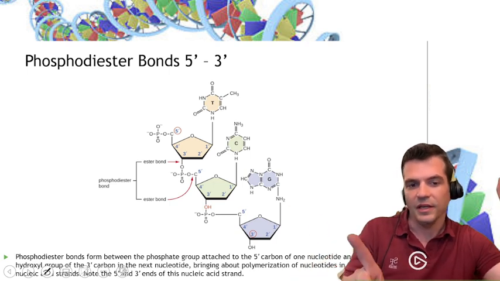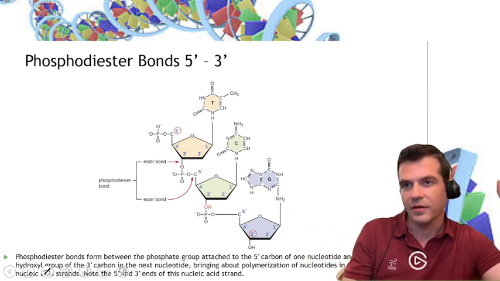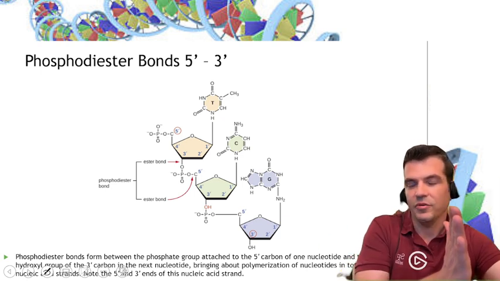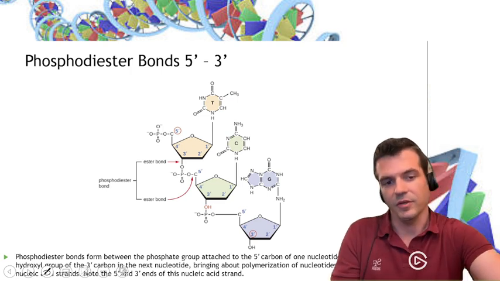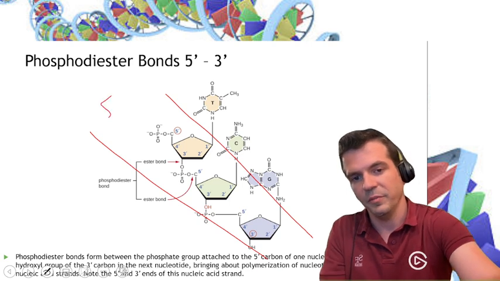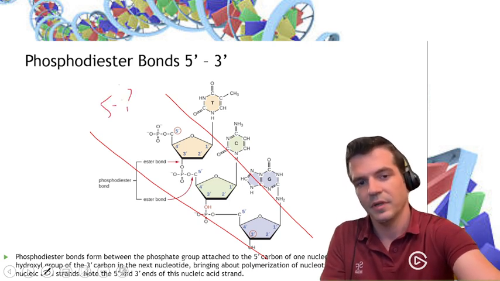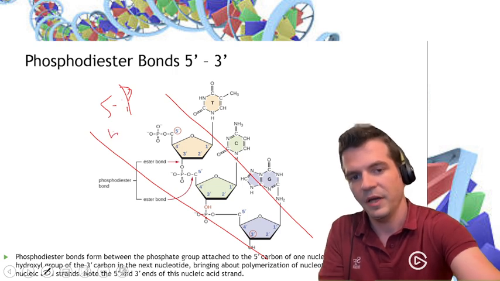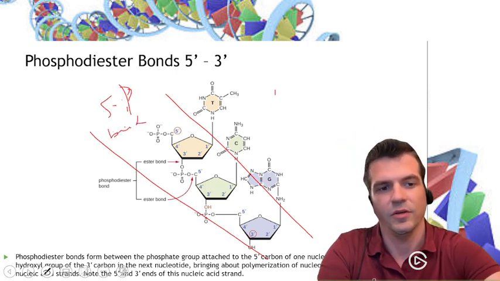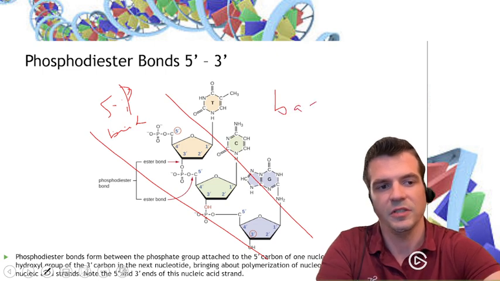You're going to see that there's a sugar and a phosphate on the outside, leaving the nitrogenous bases to pair up on the inside. So this is the backbone, the sugar phosphate backbone, SP backbone, and these are the bases inside.